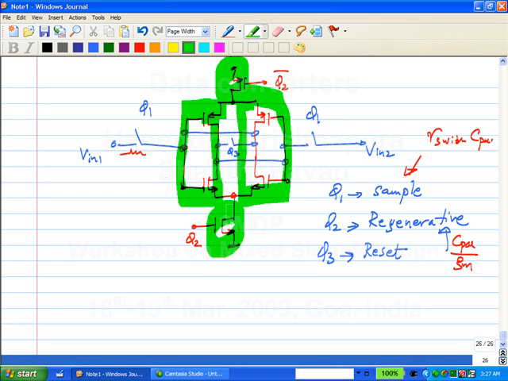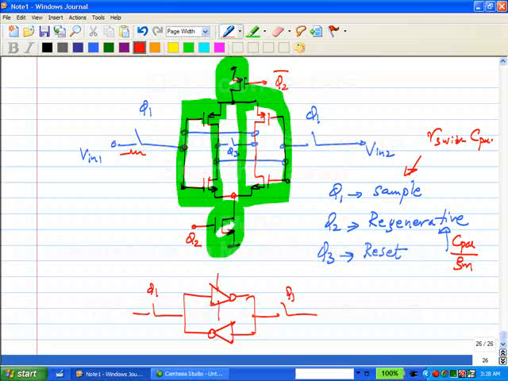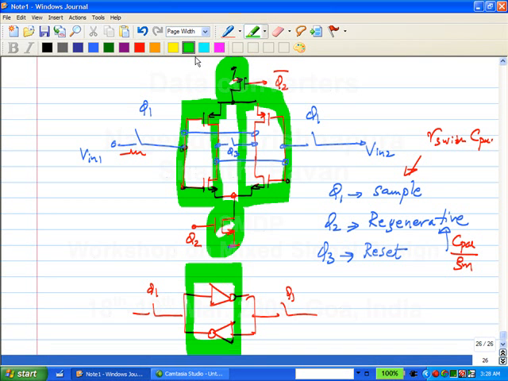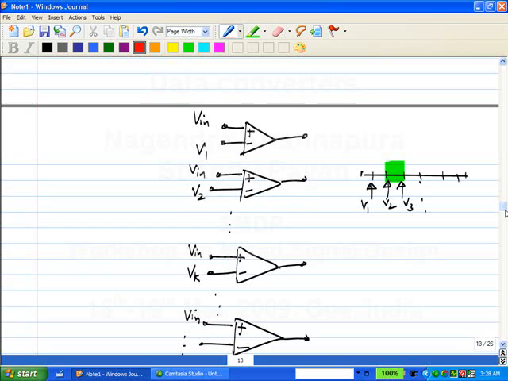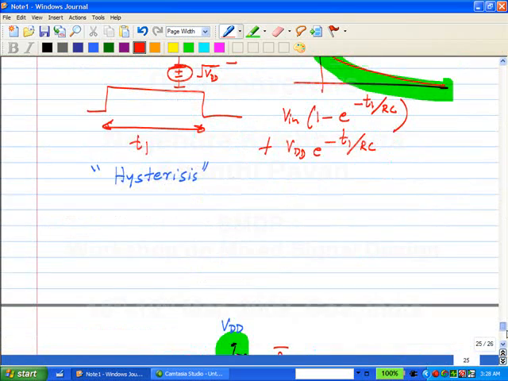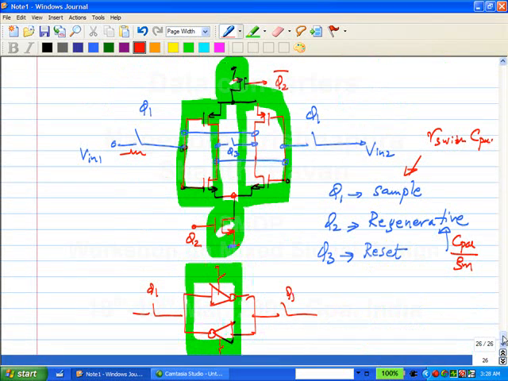So another way of looking at it is, please note that the output of one inverter is connected to the input of the other and vice versa, and you have phi 1 which charges the two input voltages, and you have the supplies of these guys connected by phi 2, and then you have phi 3 which resets the circuit. Okay.